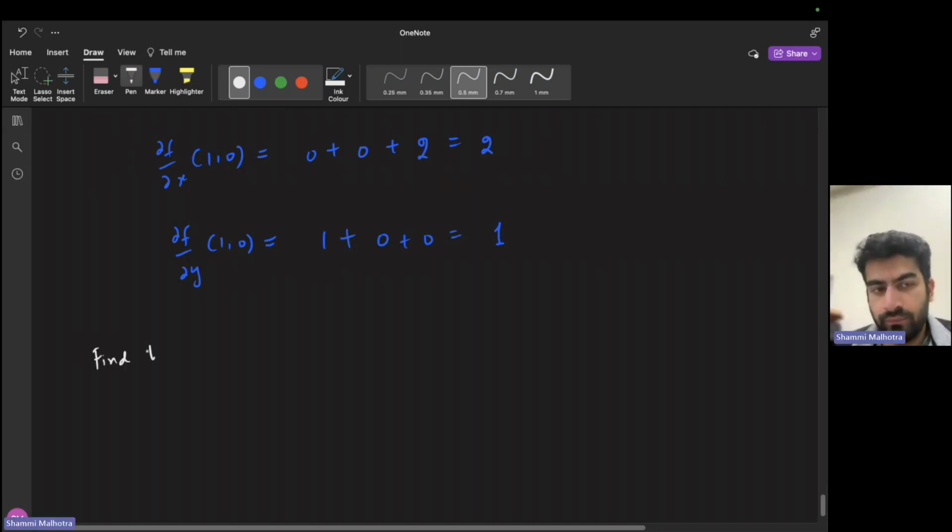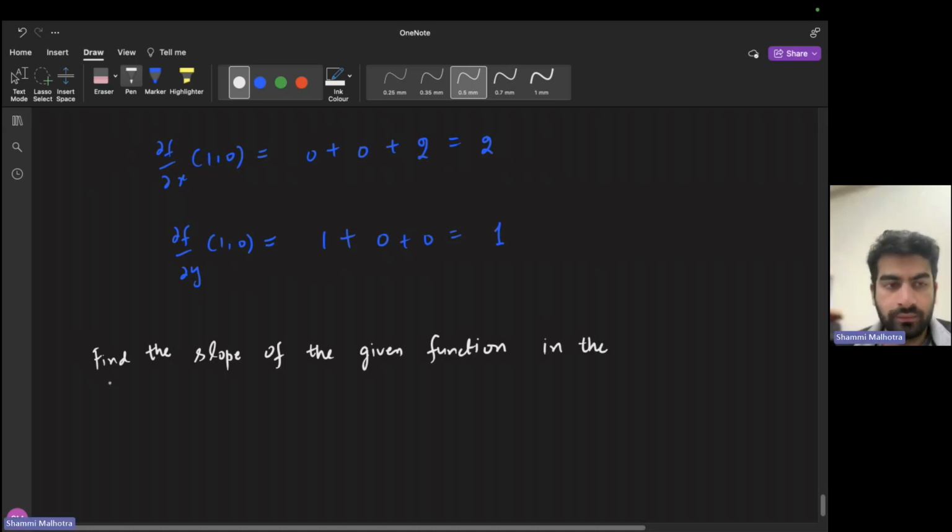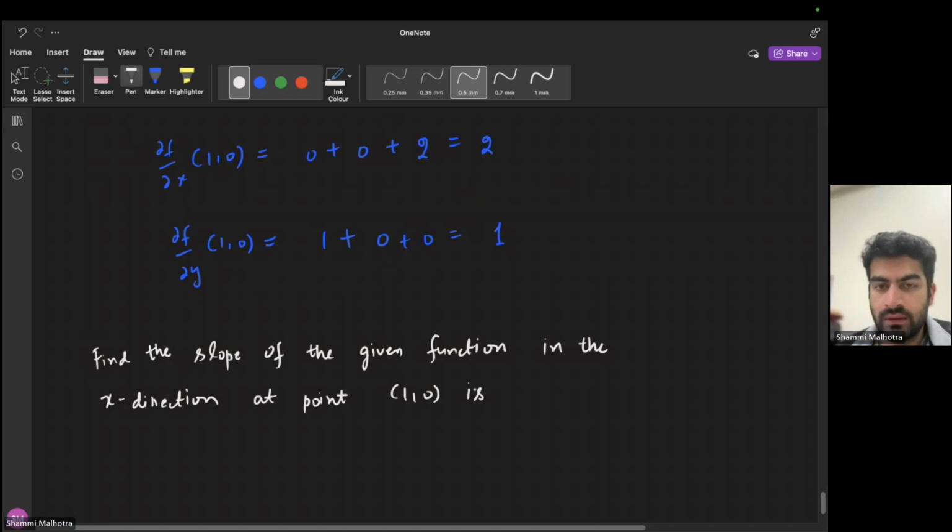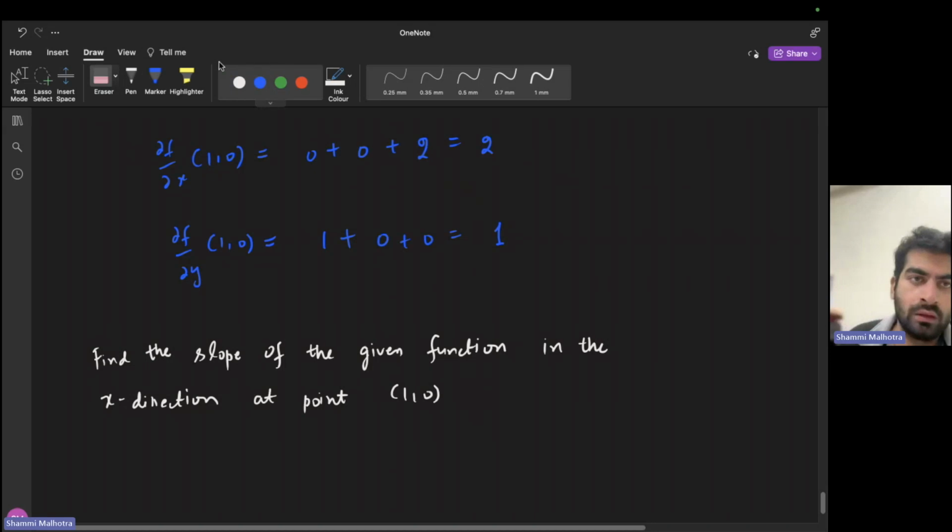Find the slope of the given function in the x direction at point 1 comma 0.